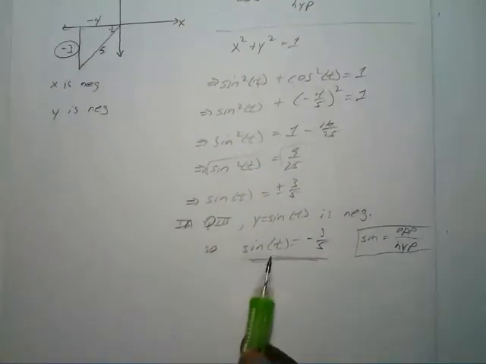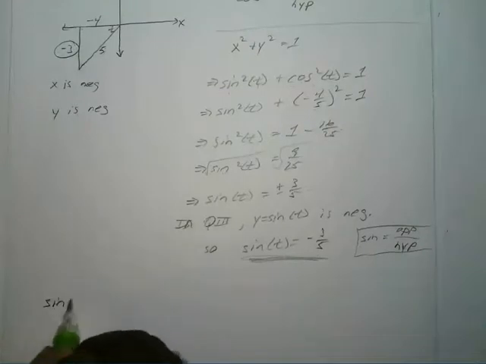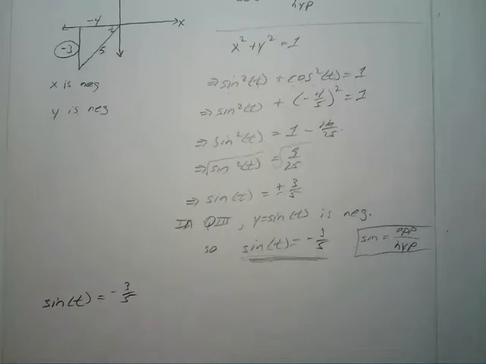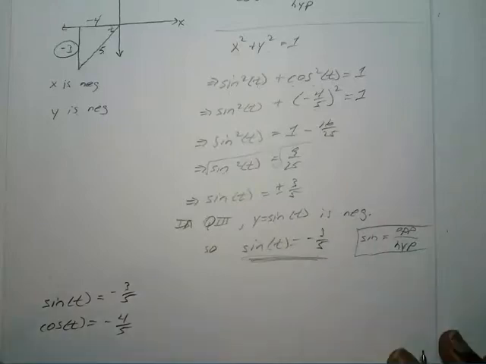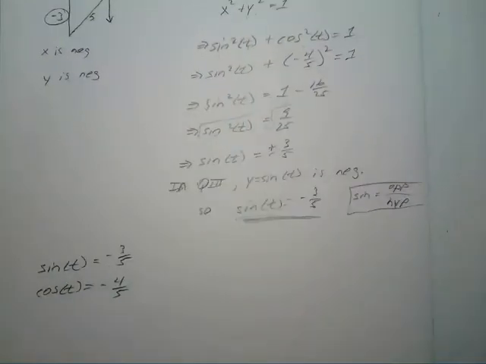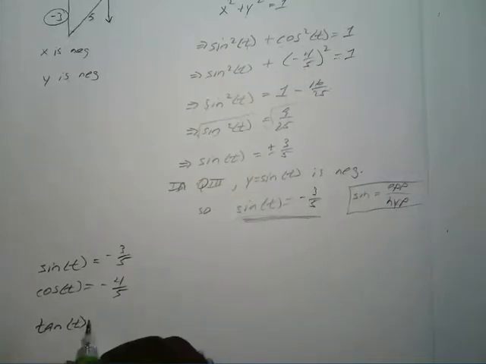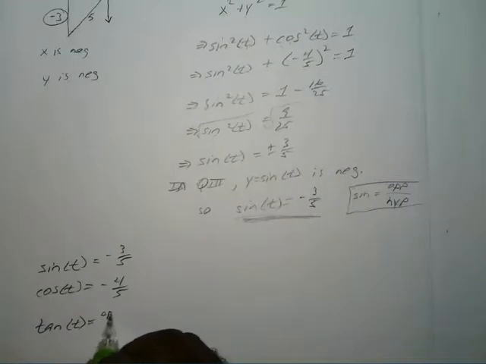So we know that sine of t equals negative 3/5, and cosine of t is equal to negative 4/5. Now if you want, you can use tangent equal to sine over cosine, or you can use the triangle. I'm going to use the triangle. Tangent, remember, is opposite over adjacent.